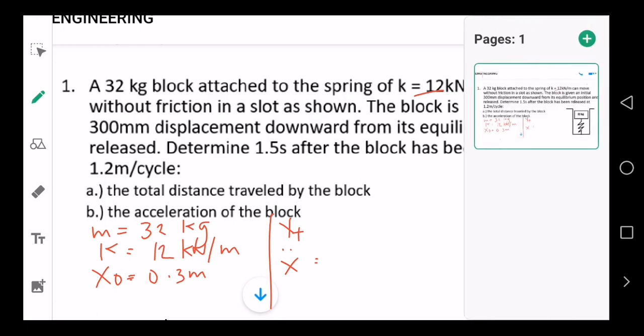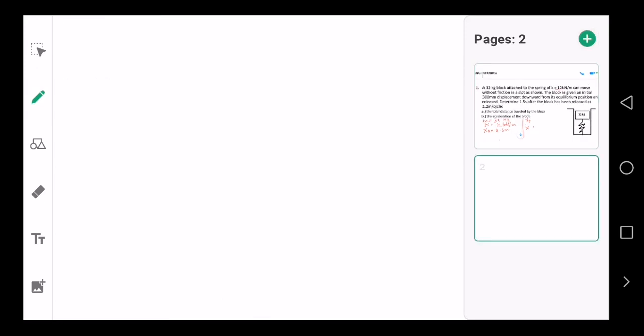So first, to solve this problem, ano ba yung mga ginagamit nating equations? Balikan ko yung tinuro ko kanina, yung x or displacement, yung velocity, and yung acceleration.